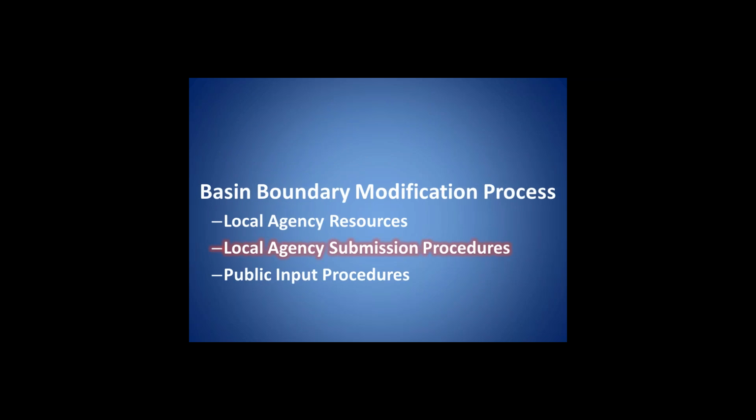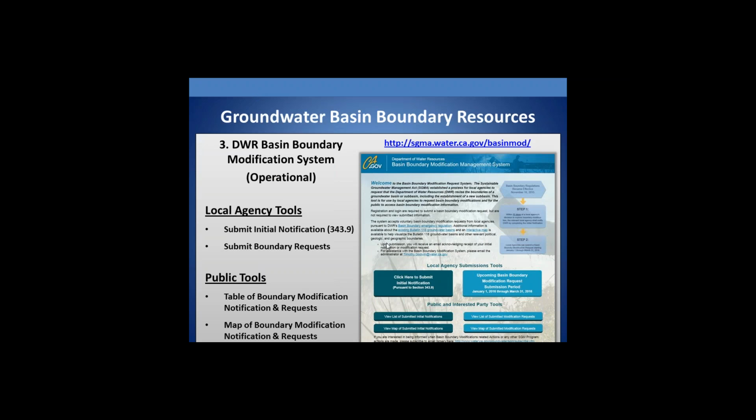So what I'd like to dive into now is how do local agencies submit their information, and how are people going to engage in this process and view what's going on. So we have developed and are currently developing the Basin Boundary Modification System.